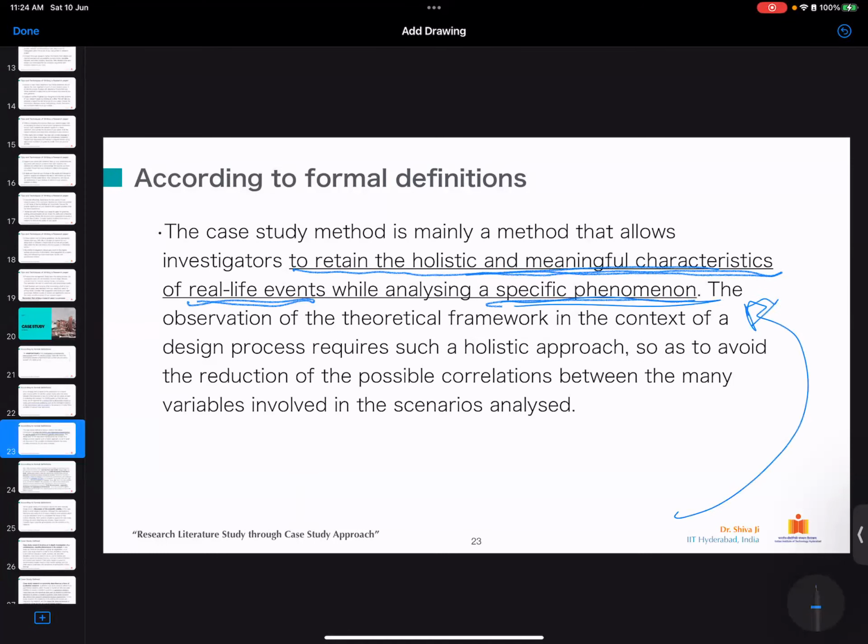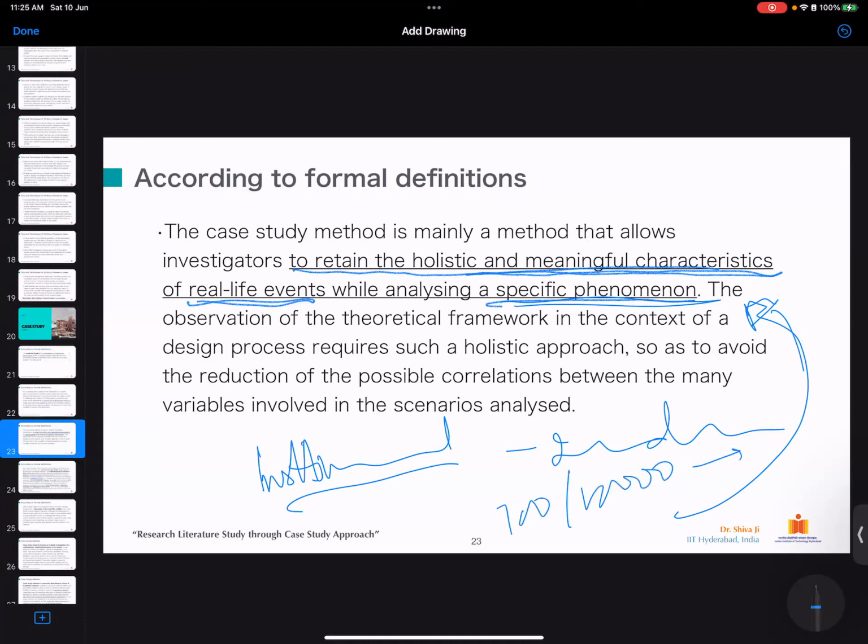So this is where case studies help us. For example, if you're going to study institutional buildings in India, there may be hundreds and thousands of examples, right? There may be a lot of commonalities, but there may be some unique distinctions also.